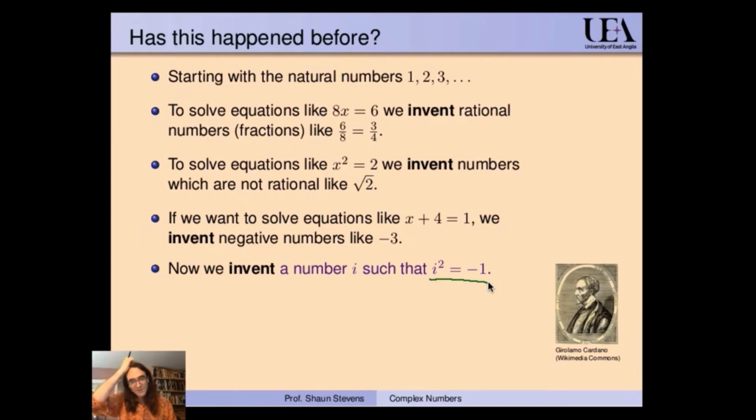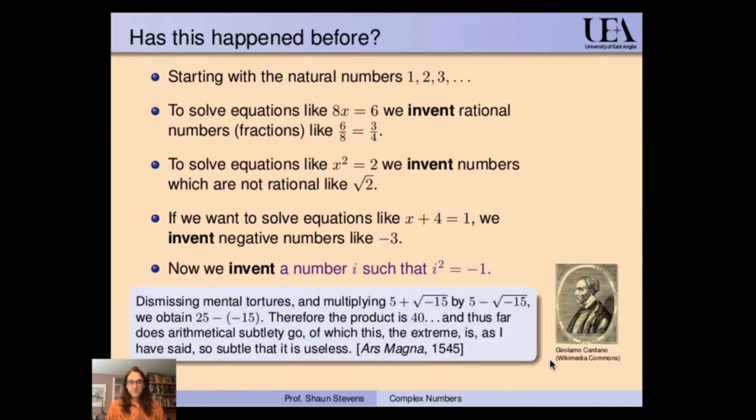Well, this first came up in 16th century Italy. This chap, Cardano, was writing down how to solve cubic equations. He was the first person to write it down, though not the first person to have solved them. And in order to do that, he found that he had to deal with square roots of negative numbers, and he really didn't like it. So here's a quote which you can read.